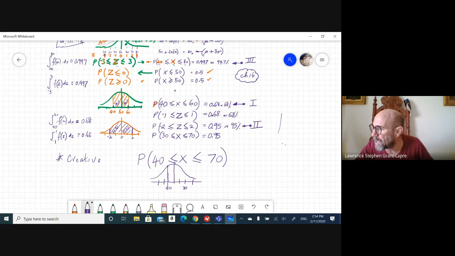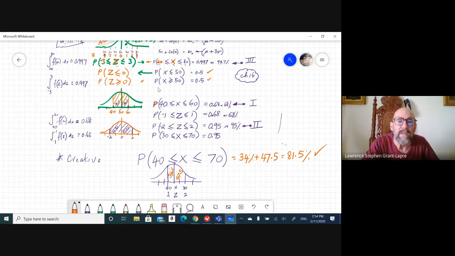That's one standard deviation below. That's the Z, that's the X. That's two standard deviations above. So in here we've got 34%, and in here we've got 47.5%. So yes, you'd be correct if you add those together and get 81.5%. Well done. Okay, good. Let's stick with getting creative for a moment.